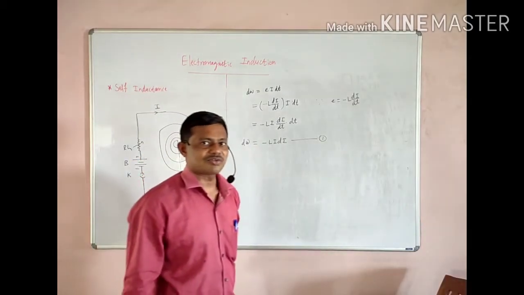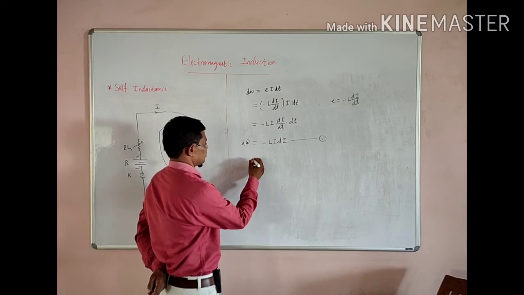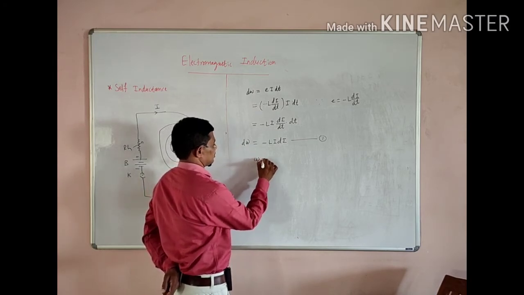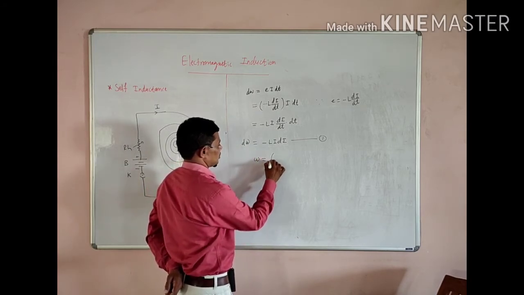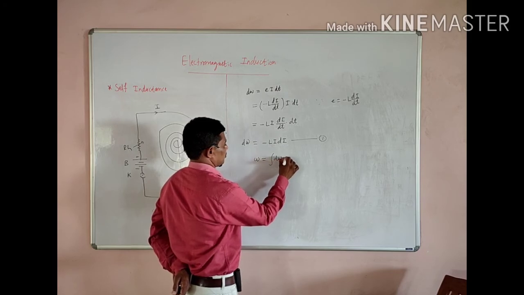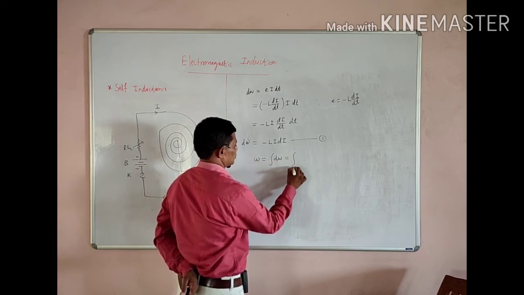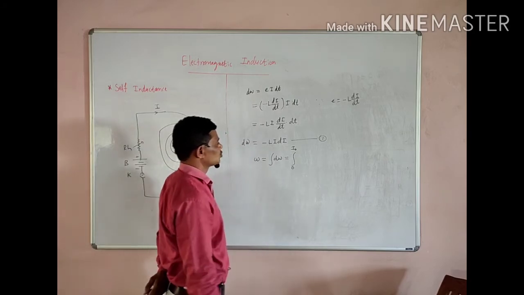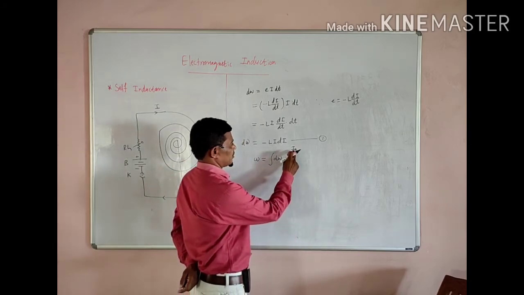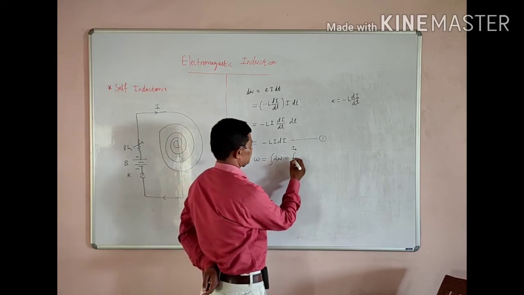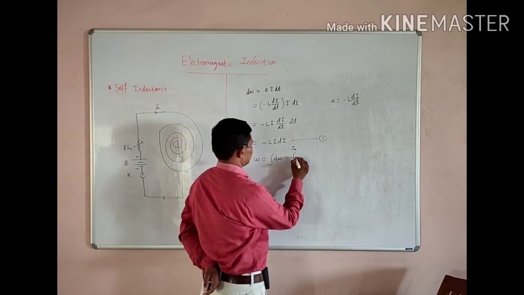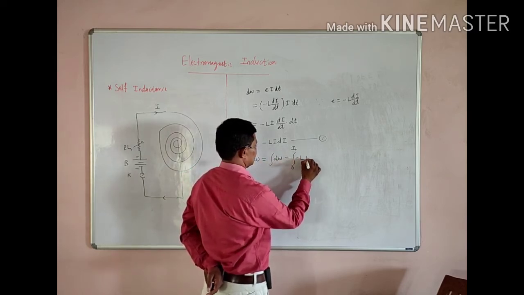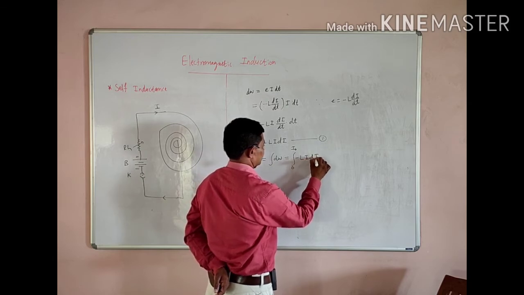If we want to find out the total work done, W is equal to integral of dW, which is equal to integral from 0 to I0, because this work done is useful to maintain a steady current I0. Then minus L I di.